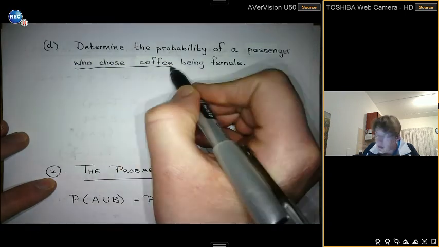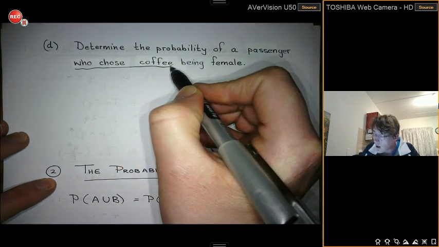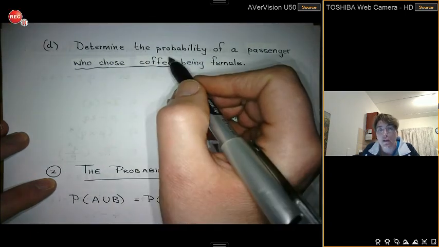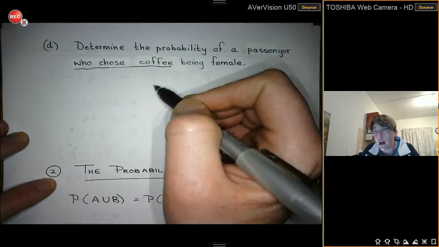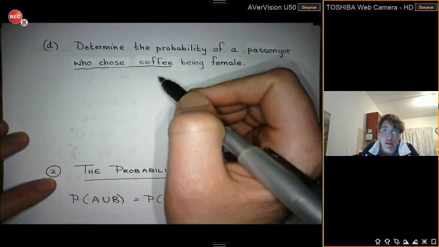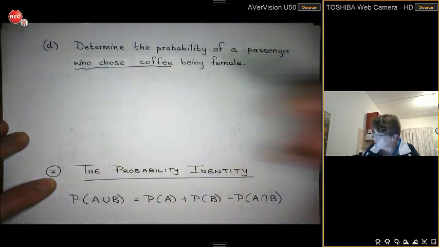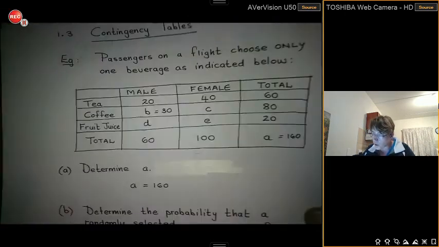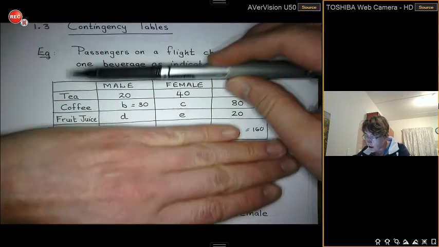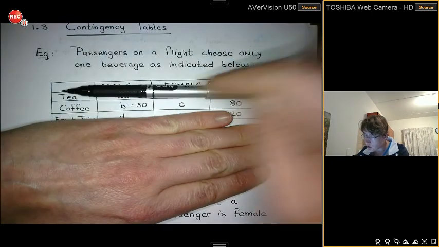That is my condition. We know that this passenger chose coffee, and because this passenger chose coffee, I can only look at the coffee drinking passengers who are female. So because it says who chose coffee, I will now go and eliminate all the other passengers that didn't drink coffee. So I'll only look at this row.